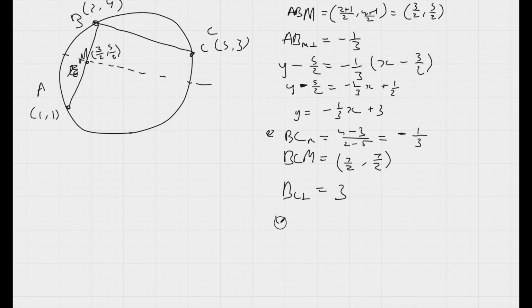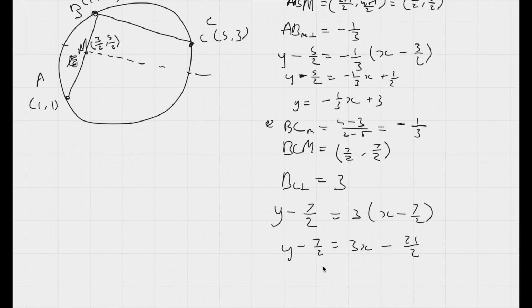And to form an equation, y minus 7 over 2 is equal to 3 times x minus 7 over 2. And let's just solve. Y minus 7 over 2 is equal to 3x minus 21 over 2 plus 7 over 2.